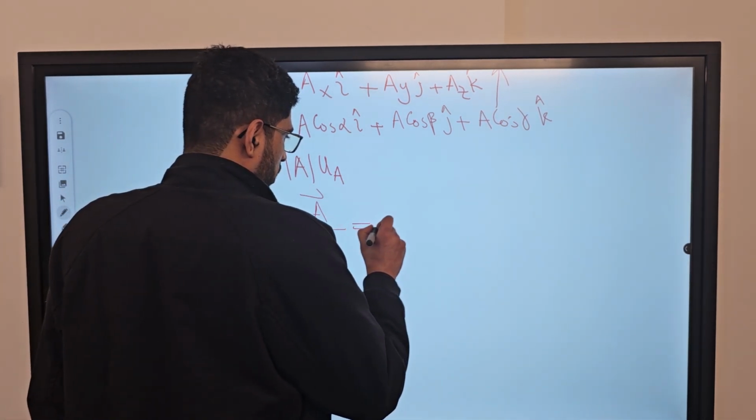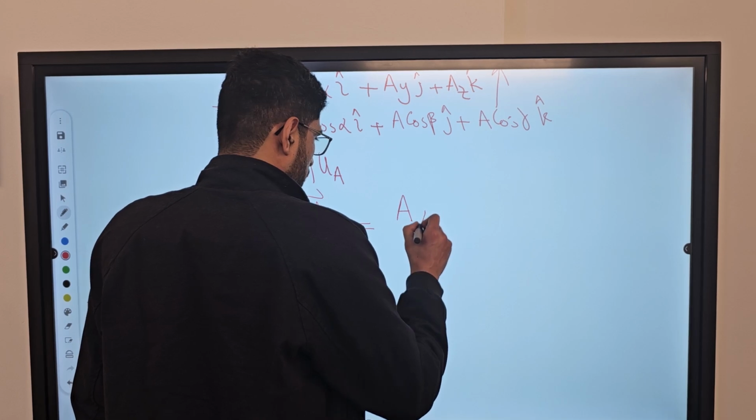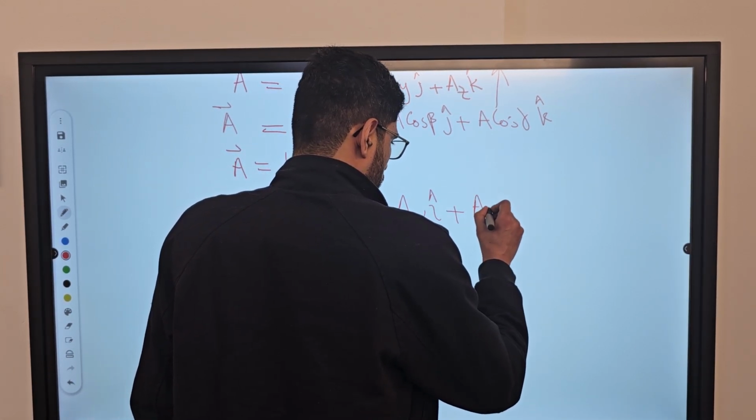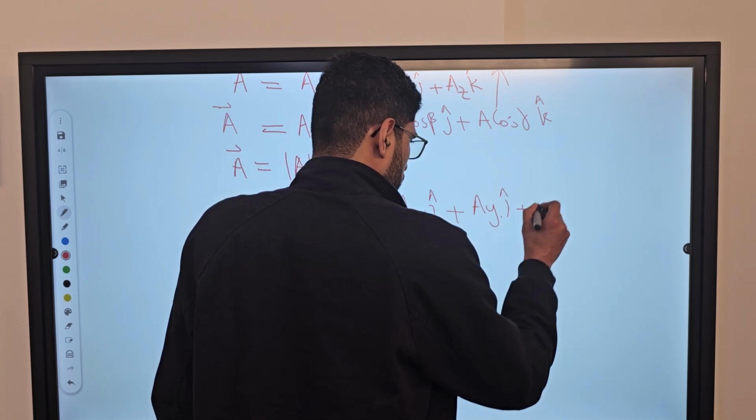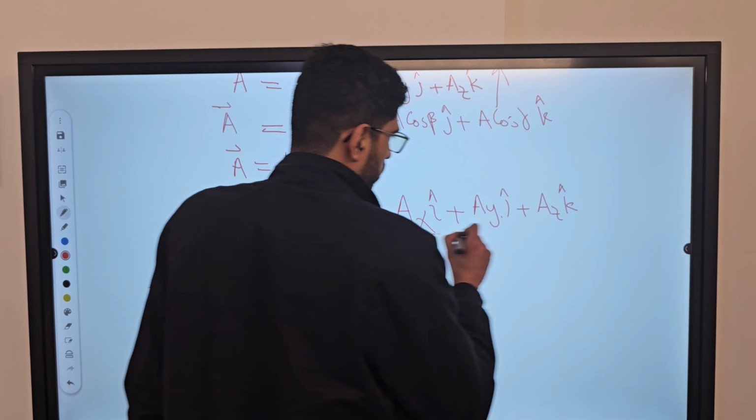And we know that vector a is ax i plus ay j plus az k, divided by this magnitude.